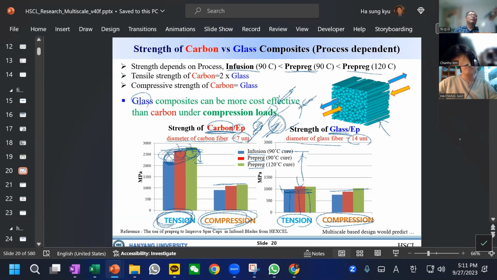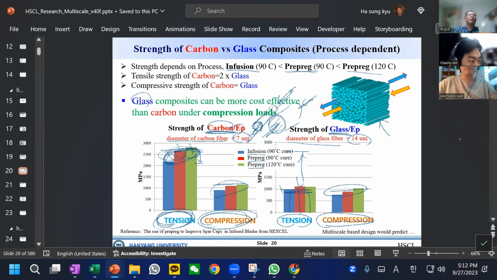Compression is not just the material property, but the structural behavior of the fibers. Meaning that if you have a very small diameter under compression, it can easily buckle. So as you can see, it is low, not low, but low compared to tension.